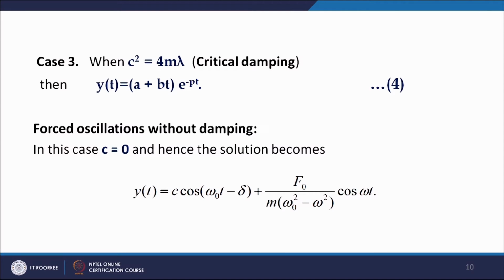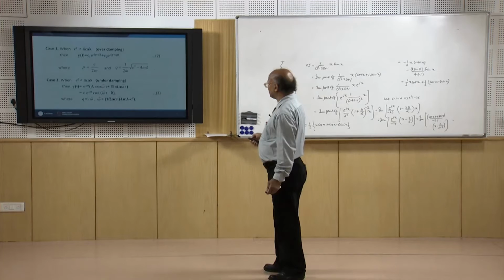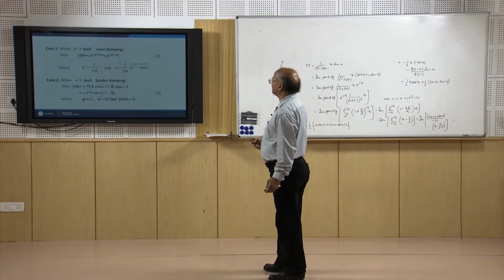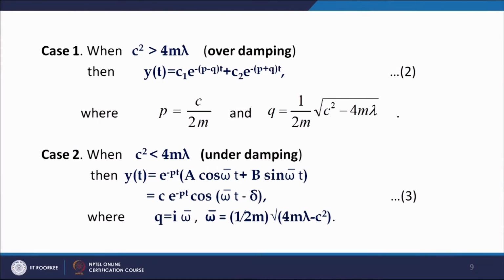And when c is 0, c square is 0, so 0 will be less than 4 m lambda, and therefore y h(t) will be equal to c e to the power minus pt cos omega star t minus delta. Because p is equal to 0 here, since c is 0, we get c times cos omega star t minus delta.